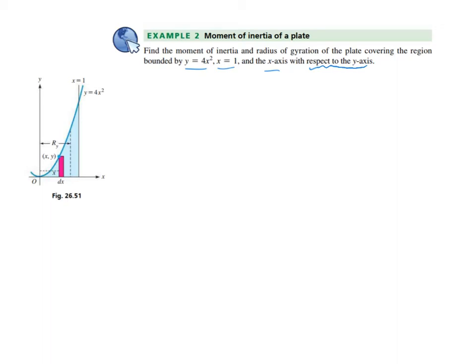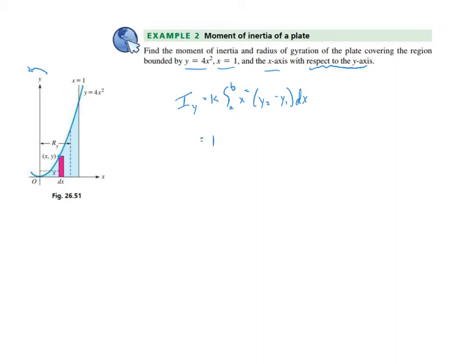Okay, so that means our axis of rotation is the y-axis, and I am going to write down my I sub y formula, which is k times the integral from a to b of x squared, and then y2 minus y1 dx. The y's are plugging in my functions, top minus bottom. The k is the mass per unit area, and the x squared is that distance that each x value is away from the axis of rotation.